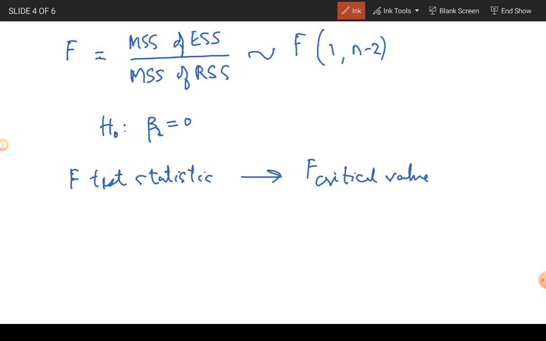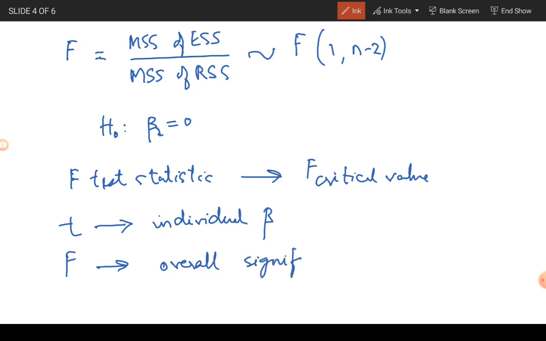There we distinguish between the t test and the F test, saying that the t test is employed for individual beta coefficients, whereas the F test is employed for checking the overall significance of the model. Right? Like I said, in the two variable regression model, your t test and your F test are similar to each other, serving a similar purpose.